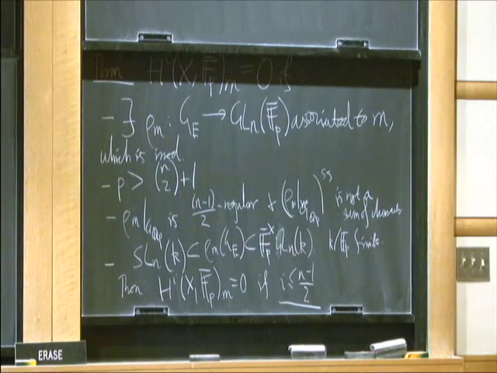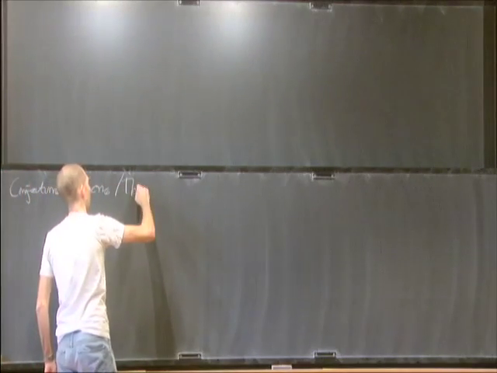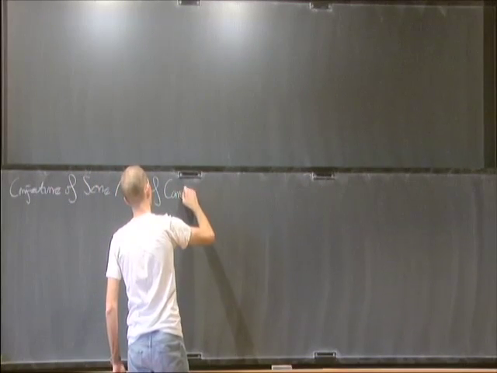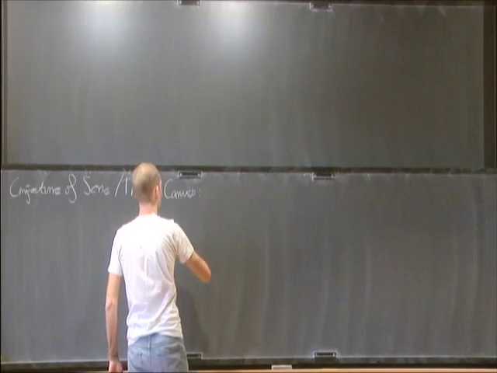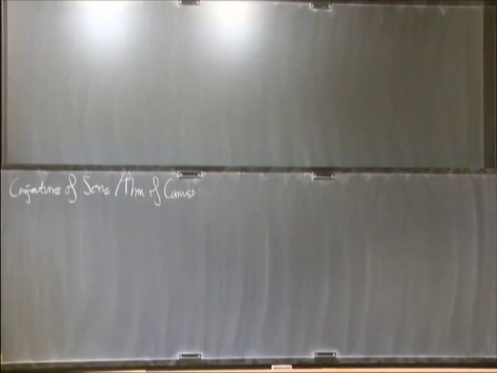So there's this conjecture of Serre from, I guess, about 1972, which is then a theorem of Xavier Caruso from, I don't know, 4 or 5 years ago, which says the following. Let me make sure I state this correctly.